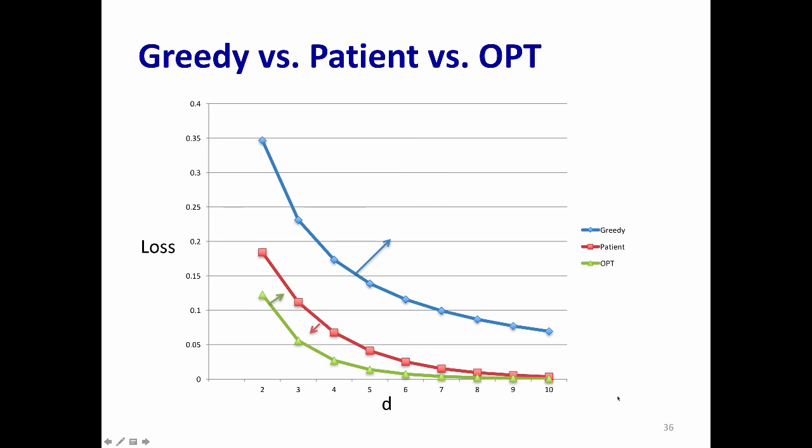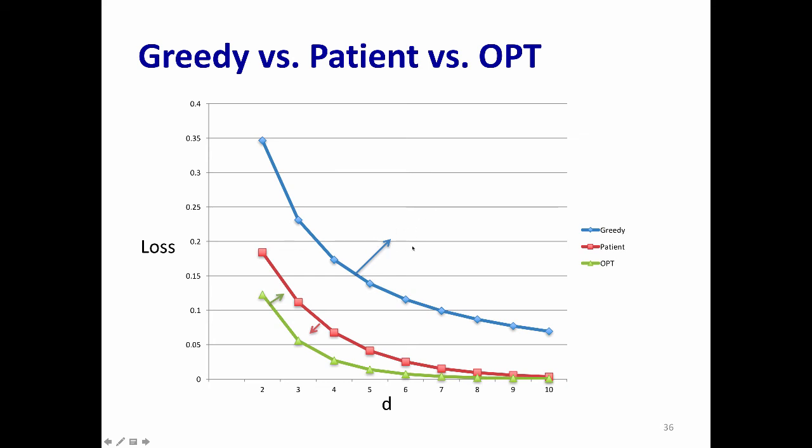Now let me show you the last graph, which summarizes the two theorems that I showed you. On the x-axis I have d, the network sparsity parameter. On the y-axis I have loss, the fraction of agents who perish. The blue graph that you see is the lower bound on the loss of the greedy algorithm.